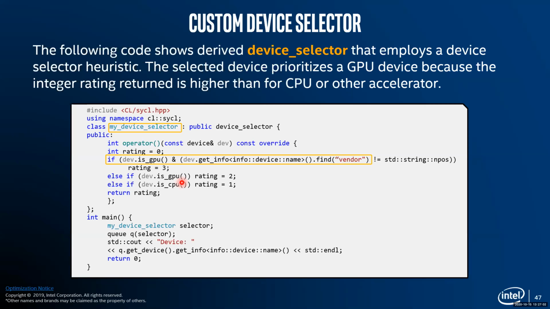If you don't find any GPU, then give the least rating to a CPU. That's the least preferred option, right? I can just change my logic however you want to, but this is just an example. I created an instance of my device selector class, and I'm just passing it to the queue. So it's a very simple way of creating a custom device selector. We'll be doing a simple lab on this.